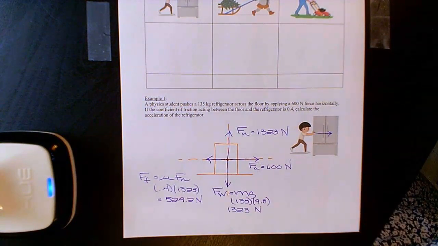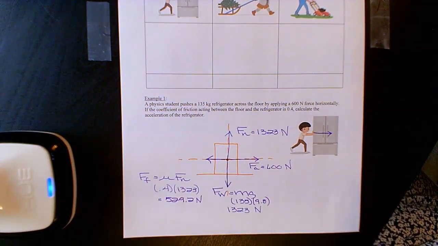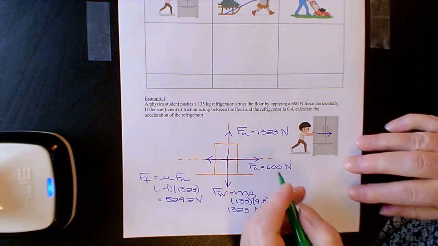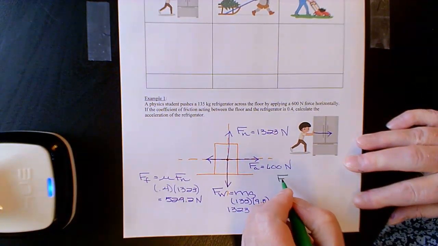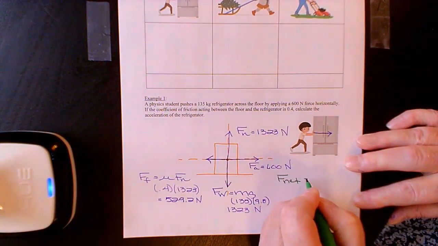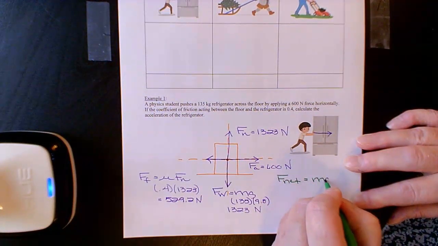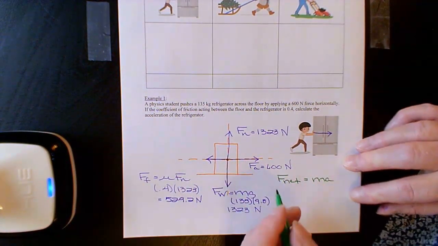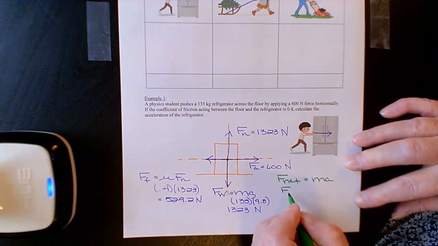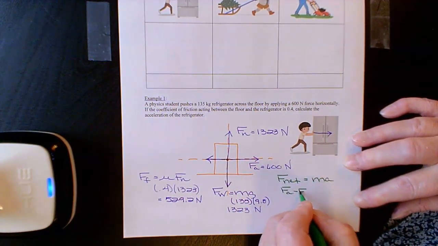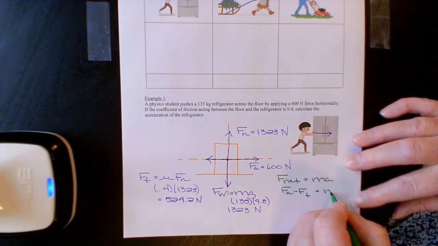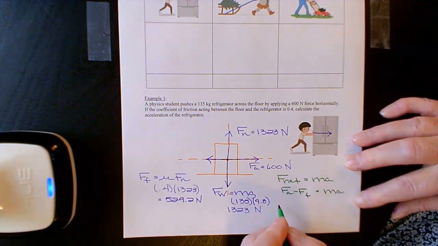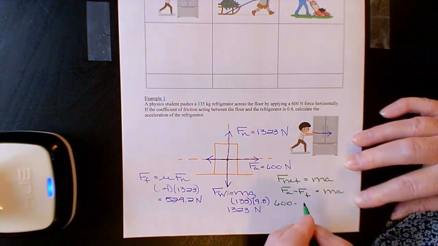All right, so I have my classic free body diagram, and then I can calculate the acceleration of the refrigerator. And I know the refrigerator is accelerating because my Fa is bigger than my frictional force. So the net force is going to be the difference between the two. And then I can solve for the acceleration.